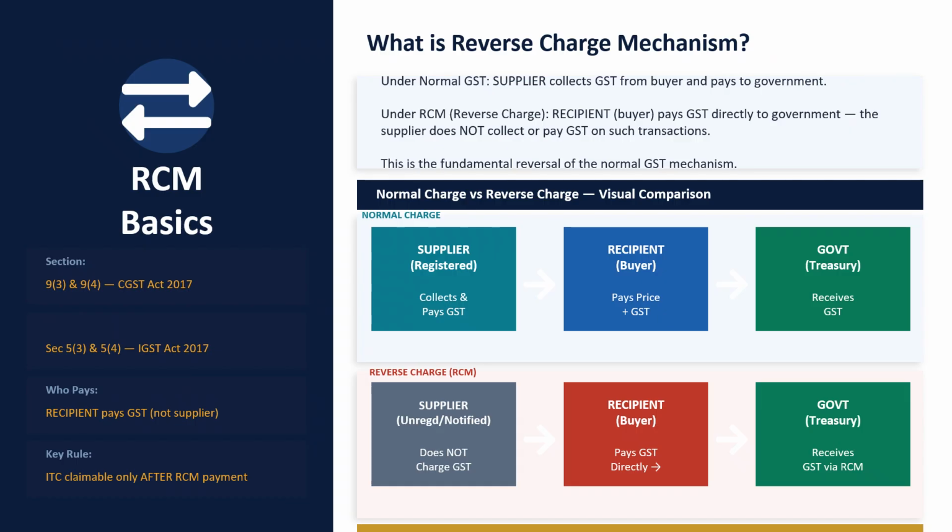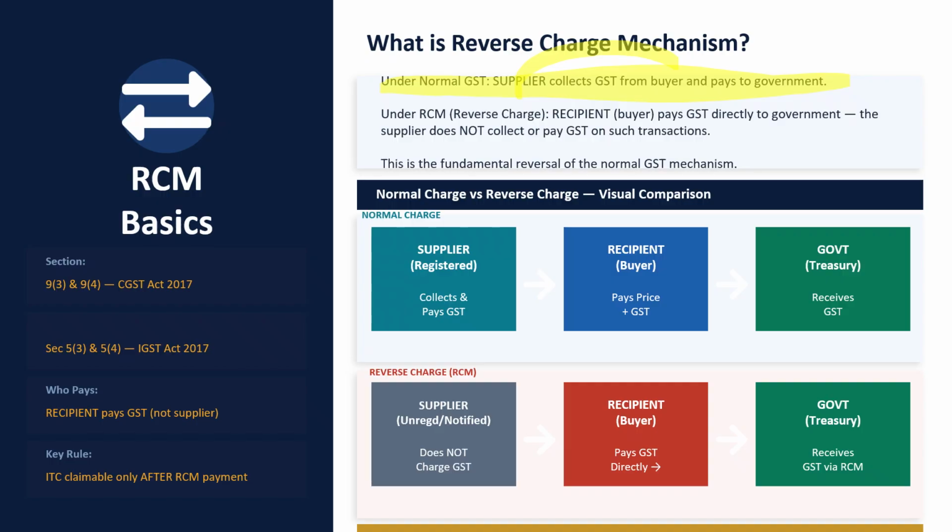What is reverse charge mechanism? Under normal GST, the supplier pays the GST. In this situation, generally the supplier collects GST from the buyer and pays it to the government.